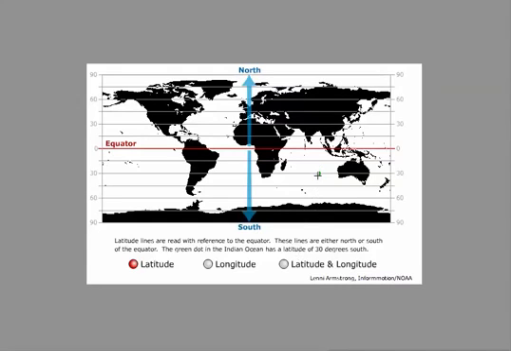In this case, the green dot is south 30 degrees, so we say 30 degrees south. Let's try something else. Name 3 continents that the 30 degrees south line passes through. 30 degrees south line. And it goes through South America, Africa, and Australia, mate.